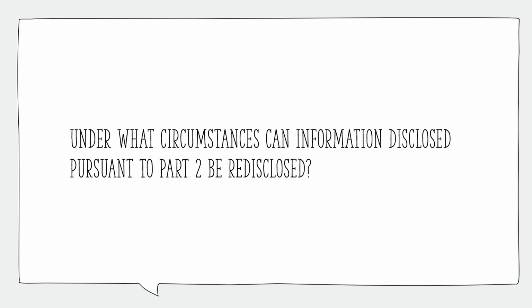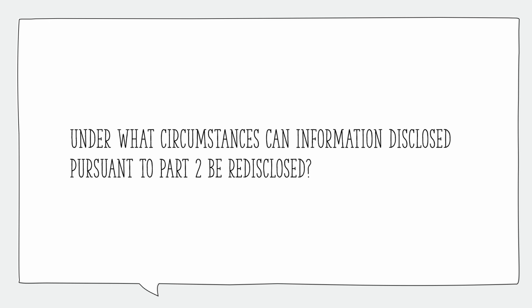So when these disclosures are made under those circumstances, the recipient is prohibited from redisclosing the information without consent, except under a few restricted circumstances, like for research. So researchers who receive patient identifying information are prohibited from redisclosing that information to anyone except back to the program.